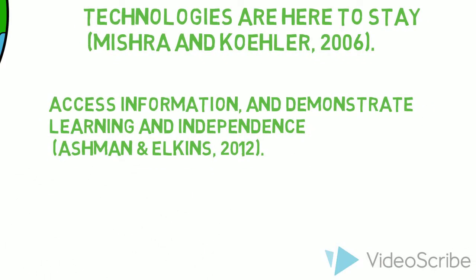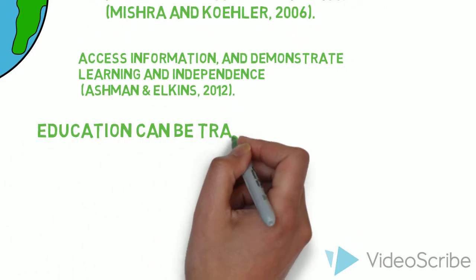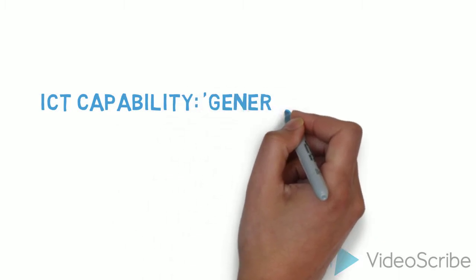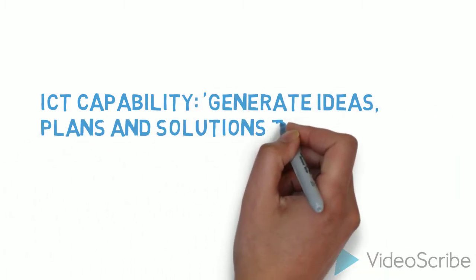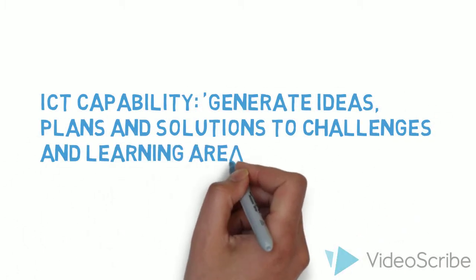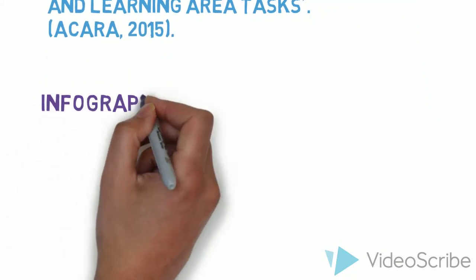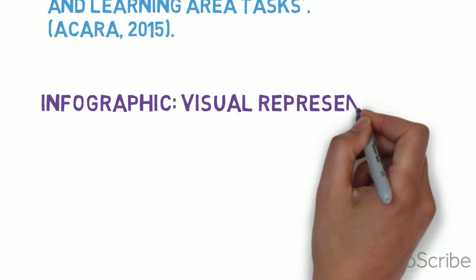Furthermore, education can be transformed by using ICTs, and this links in with the second ICT capability from the curriculum where students generate ideas, plans and solutions to challenges and learning area tasks. A follow-up ICT activity is where students expand on their concept map and create an infographic.